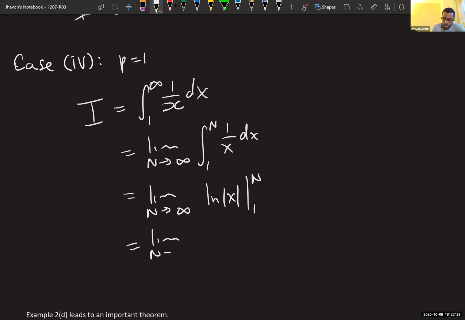Apply the fundamental theorem of calculus. We would get ln of n minus ln of 1. ln of 1 is 0. And of course, ln of n as n goes to infinity, well, that's infinity.